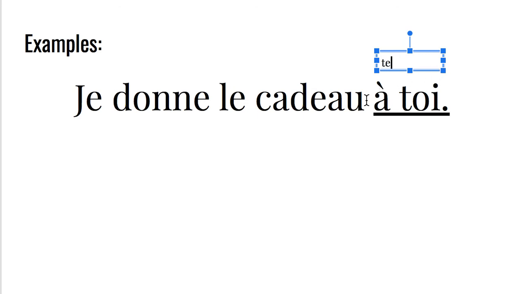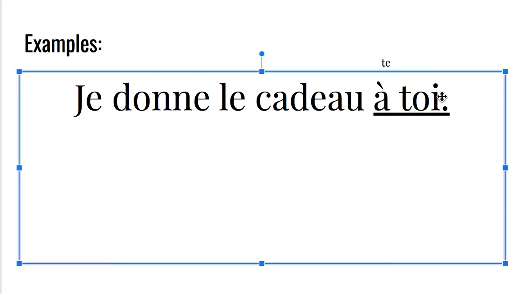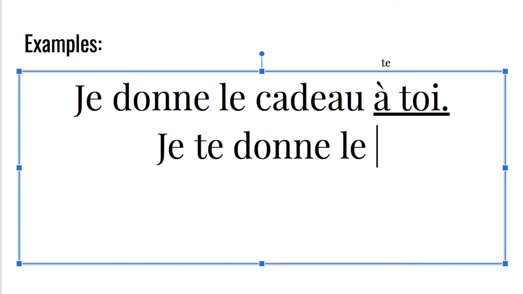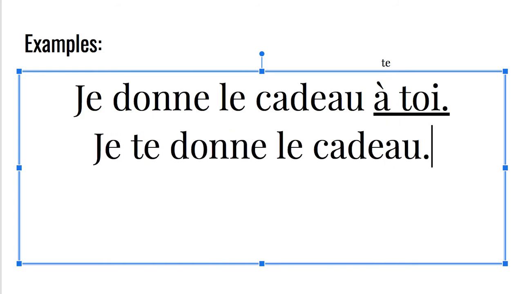So working backwards. Cadeau means gift. That is not a verb. Le is not a verb. Donne is a verb. Okay, and then I have my subject. So pretty easy to tell that it's going to go right here before my verb. So when I rewrite the sentence, je te donne le cadeau. Et voilà.